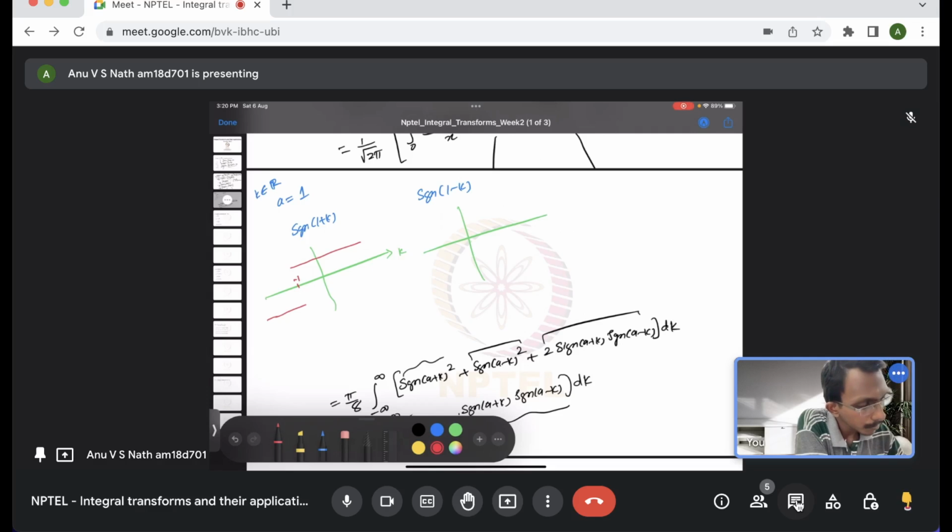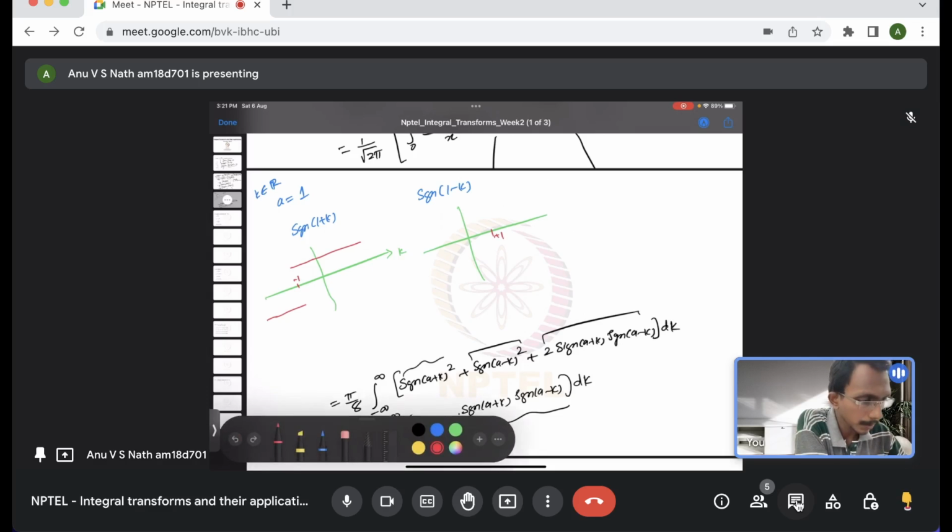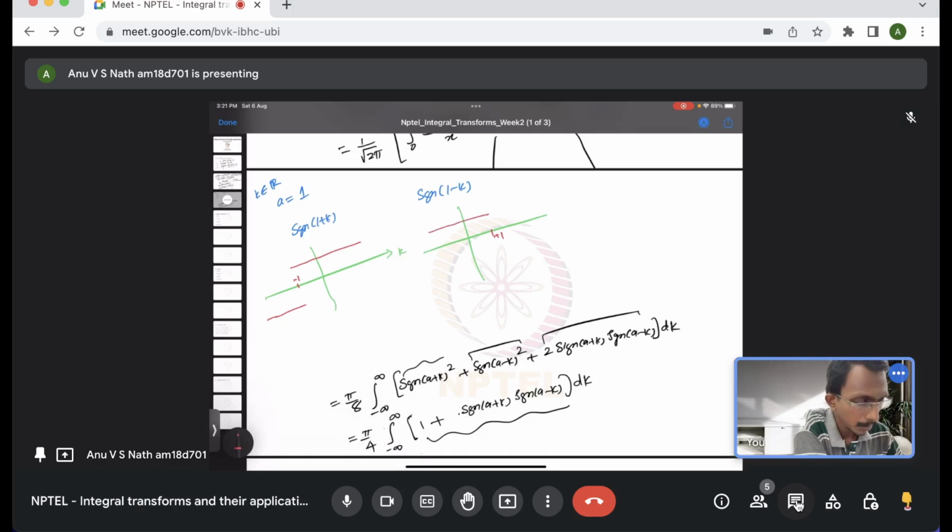So let's say this is plus 1. Then before that its value is minus 1. Did I say 1 minus k? Okay, sorry, I made a mistake. Before that its value is plus 1. When k is greater than 1, its value becomes minus 1. Okay, so I think that is clear.